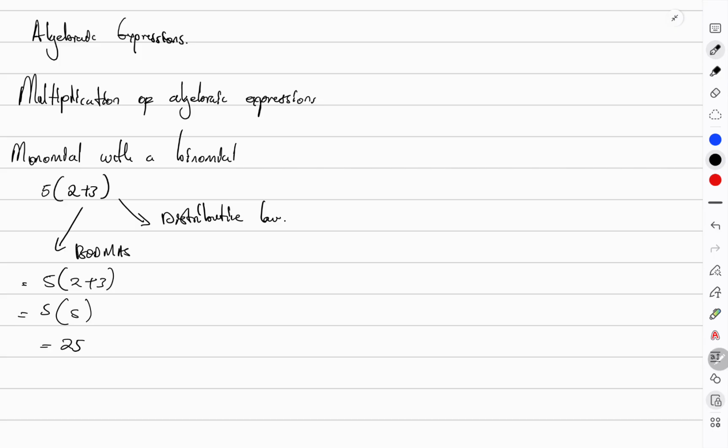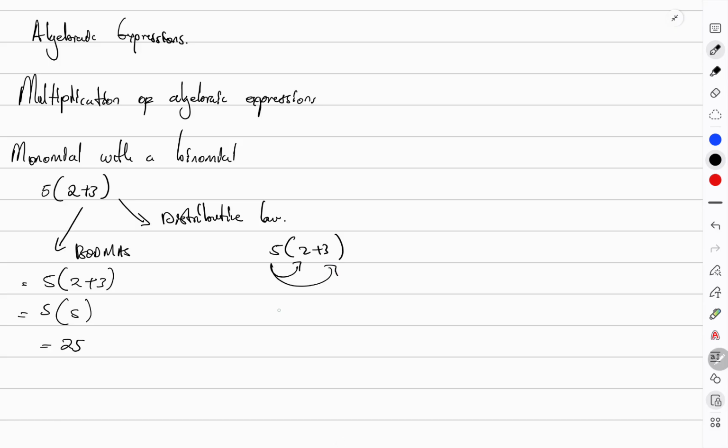But then let us use distributive law and let us see if we are going to have 25 as our answer, right? So with distributive law, I'm having 5 open bracket 2 plus 3. Distributive law says the number that is outside the bracket multiplies everything that is inside the bracket, meaning the 5 will multiply the 2, the very same 5 will multiply the 3.